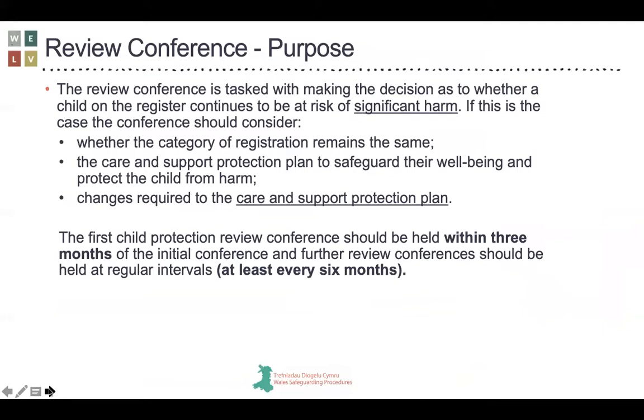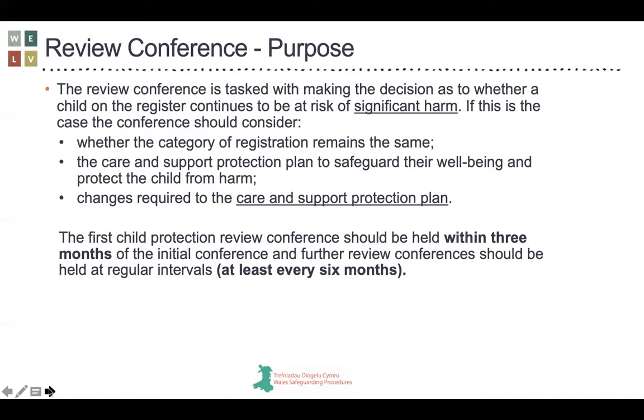So the plan has been running, but it will be essential then that the plan is reviewed. And the review conference, as described in the procedures, is tasked with making the decision as to whether a child on the register continues to be at risk of significant harm.